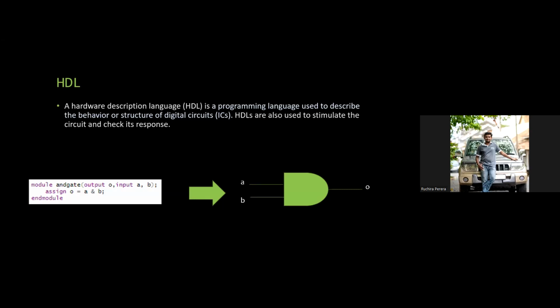It might be digital, it might be analog. Basically, we say digital circuits. However, when it comes to Verilog or SystemVerilog or any other HDL, it is basically describing a digital circuit. So it is not a regular programming language that we use.